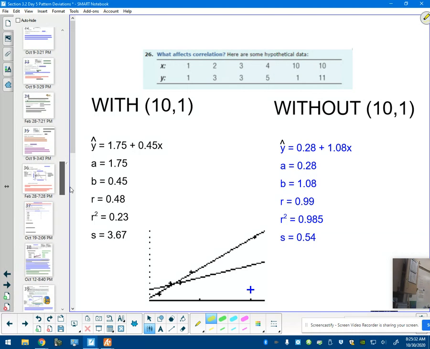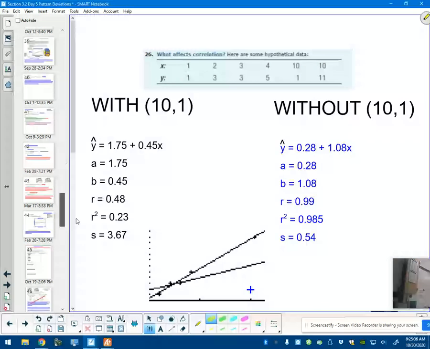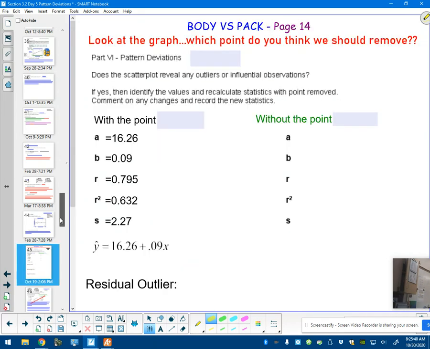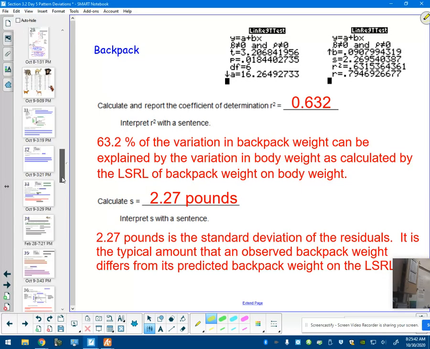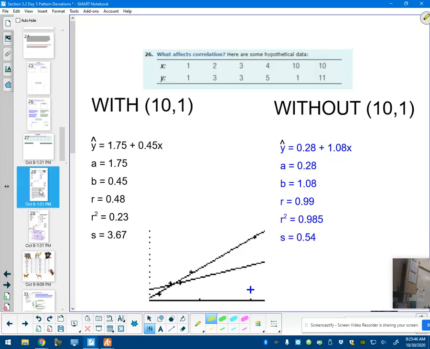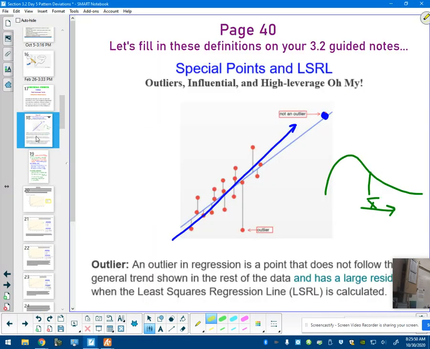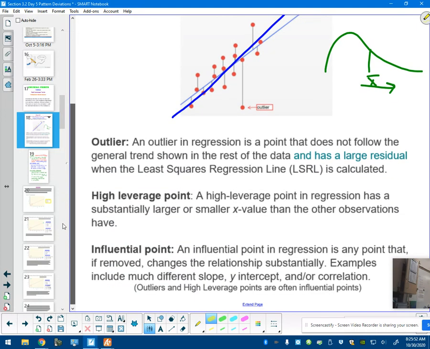Is it even here? Nope. Okay. Let me go back to where I want to be. I want to be right there. So this is page 40, and page 11 has, I think, the same thing exactly.